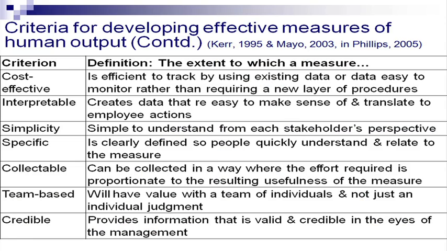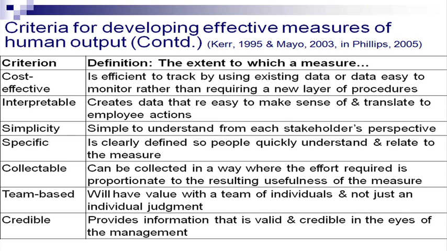It should provide information that is valid and credible. It should provide information that helps us understand what is being measured and how it's being measured. Credible means it should be believable in the eyes of the management and of the stakeholders.